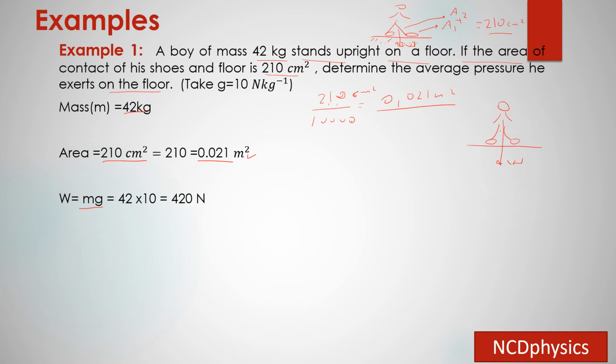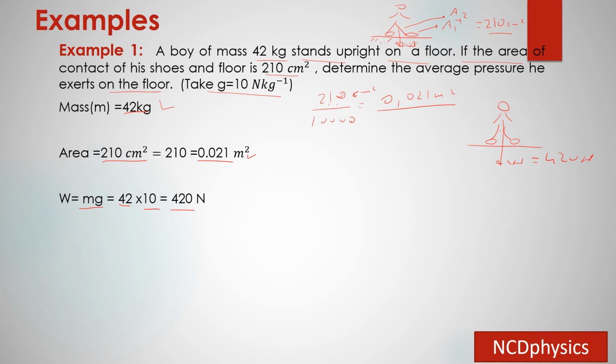What is m? 42 kilogram multiplied by 10. 10 is the gravitational field strength, which is given. So 42 multiplied by 10 is equal to 420 Newton. So 420 Newton force is acting on the floor.